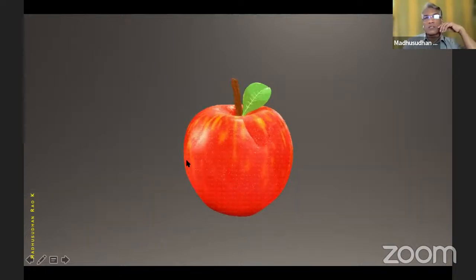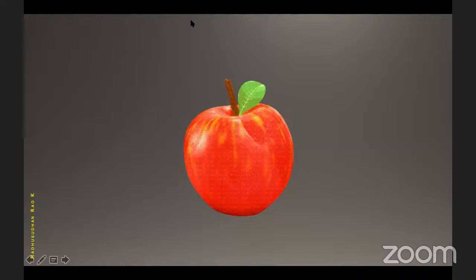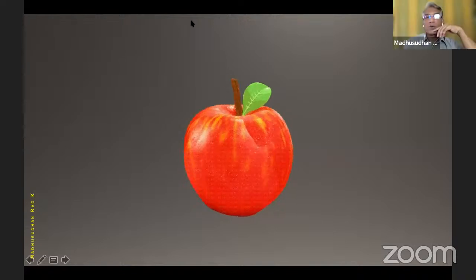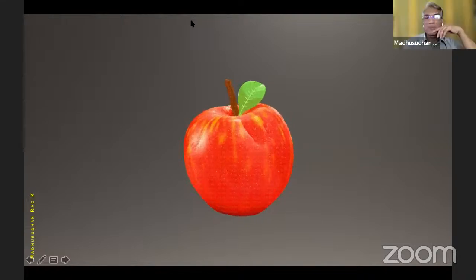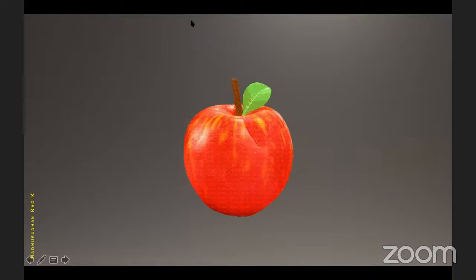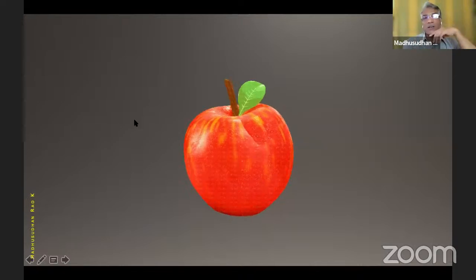Can somebody tell me what this is? Apple. As soon as you saw it, what triggered your brain? Apple is moving. Apart from that? Leaf. Apart from that? Small stem. Well, that's okay. As soon as you saw this, you felt the taste.